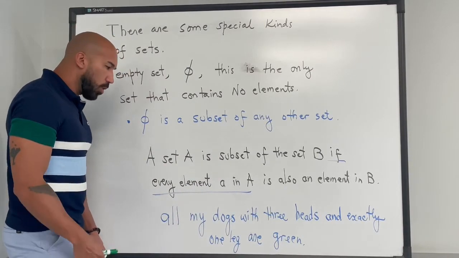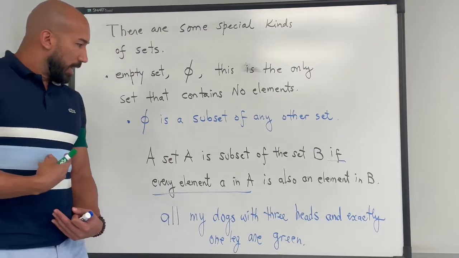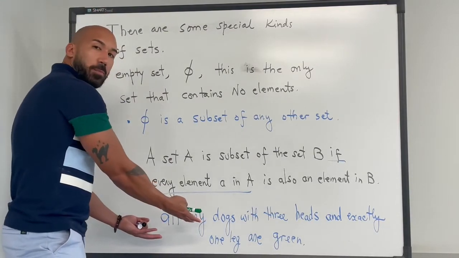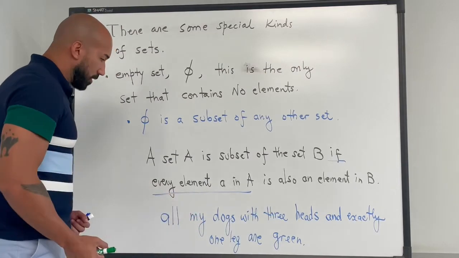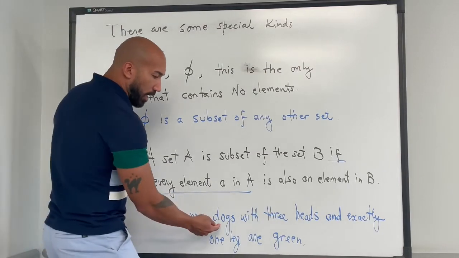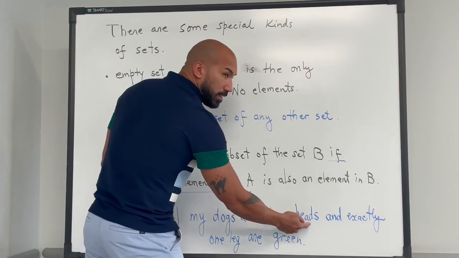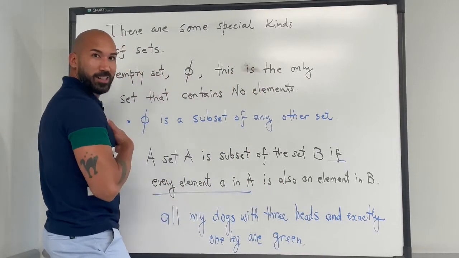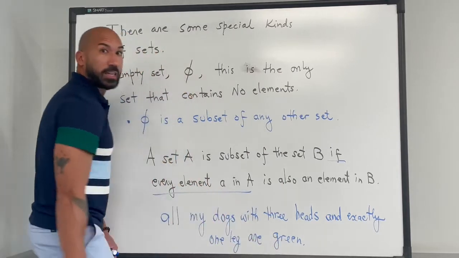Okay? So if you want to tell me that I'm lying, you need to be able to provide a counterexample to my claim. So you need to be able to find a dog with 3 heads and exactly 1 leg that is mine and it's not green.